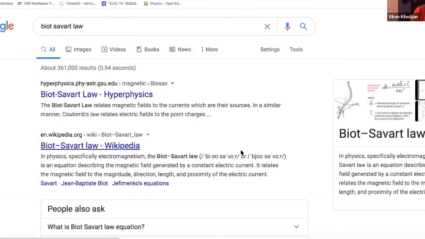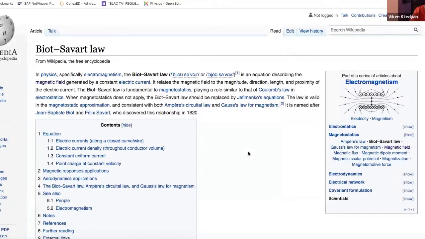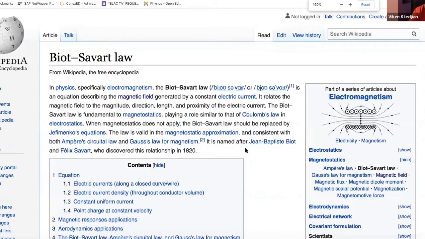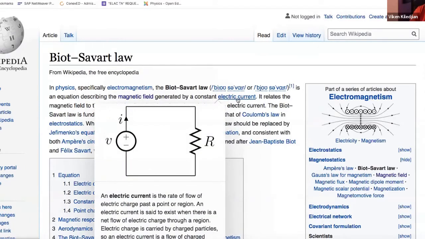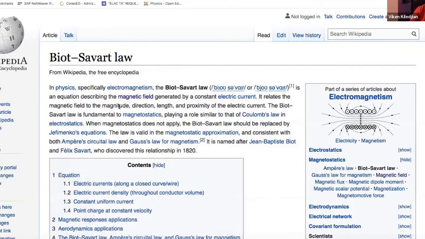It's kind of nice to see a little bit of the history too. In physics, specifically electromagnetism, the Biot Savart law is an equation describing the magnetic field generated by a constant electric current. It relates the magnetic field to the magnitude, direction, length, and proximity of the electric current.